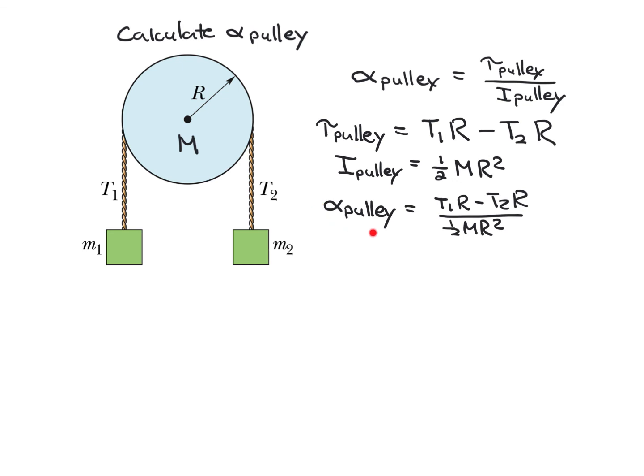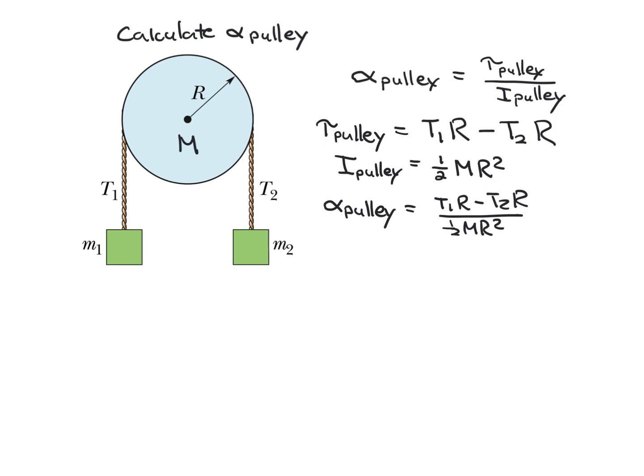So we have an expression for the angular acceleration of the pulley, but it involves two unknowns. We assume that we're given the mass of the pulley and its radius, but at the beginning we don't know what these tension forces are, T1 and T2. So if we're really going to answer the question that's being asked here, we have to have some way of finding out the value of those tension forces, T1, T2.